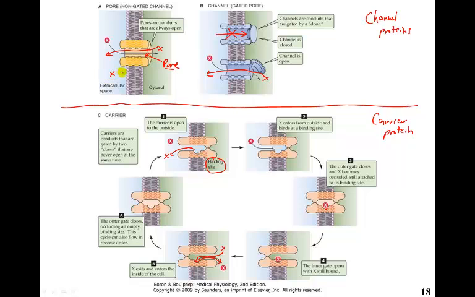It's fundamentally no different than things that pass directly through. Let's call this Y. Let's say Y is another molecule that can pass directly through. X is a molecule that has to pass through the pore. Say Y was a hydrophobic molecule like thyroid hormone, whereas X is maybe a sodium ion. But the basic mechanism is the same whether you're going directly through the membrane or through a pore. And these processes are called simple diffusion.